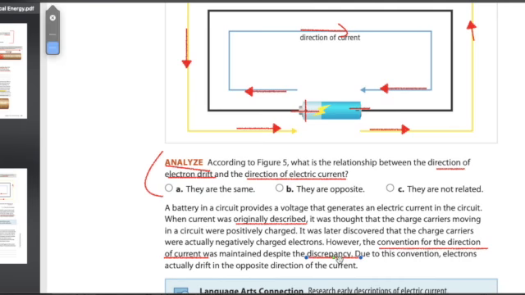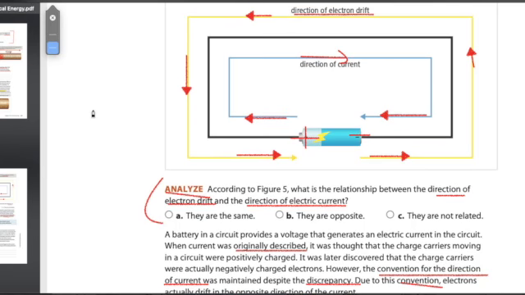Discrepancy means disagreement. It means the two things are different. And convention means this is just the way we've decided to talk about things. So due to this convention, electrons actually drift in the opposite direction of the current. So think about what that means for answering this analyze question up here.